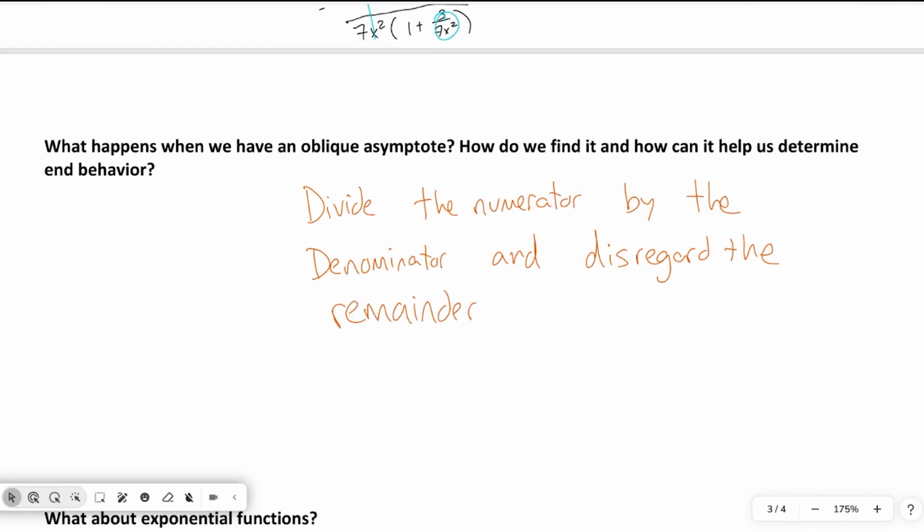If your denominator is linear, you can use synthetic division. Otherwise, you'd have to use long division. Either way, you would just ignore the remainder, and whatever the quotient is, that function is going to define the end behavior.